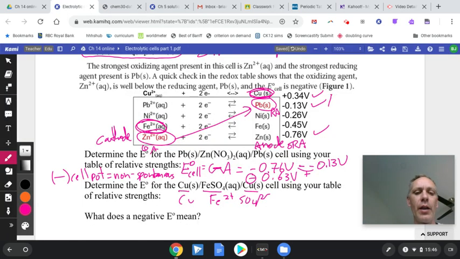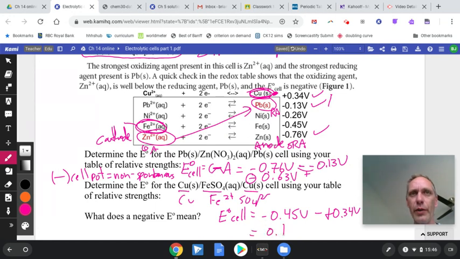Okay, so cell potential for that one. Cathode is our strongest oxidizing agent, Fe2+, negative 0.45 volts, minus anode, which is the copper solid at positive 0.34 volts. Negative 0.45 plus 0.34 is negative 0.1.